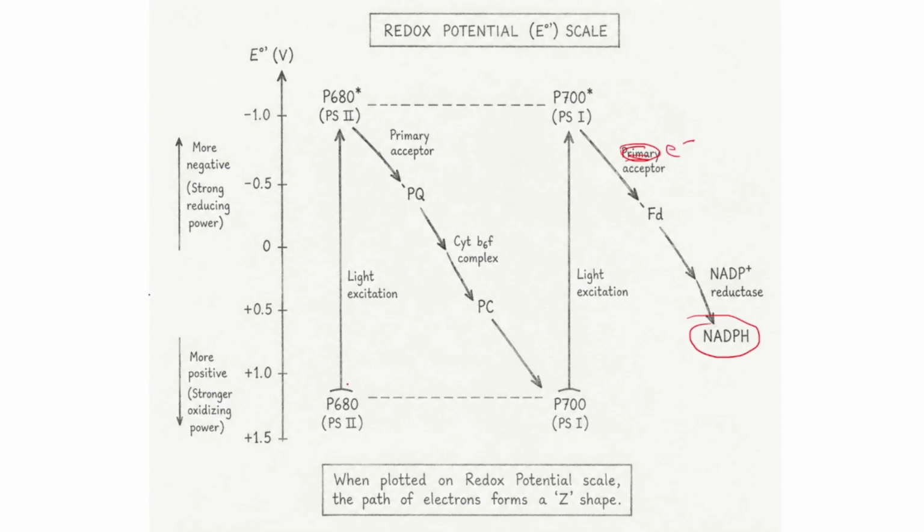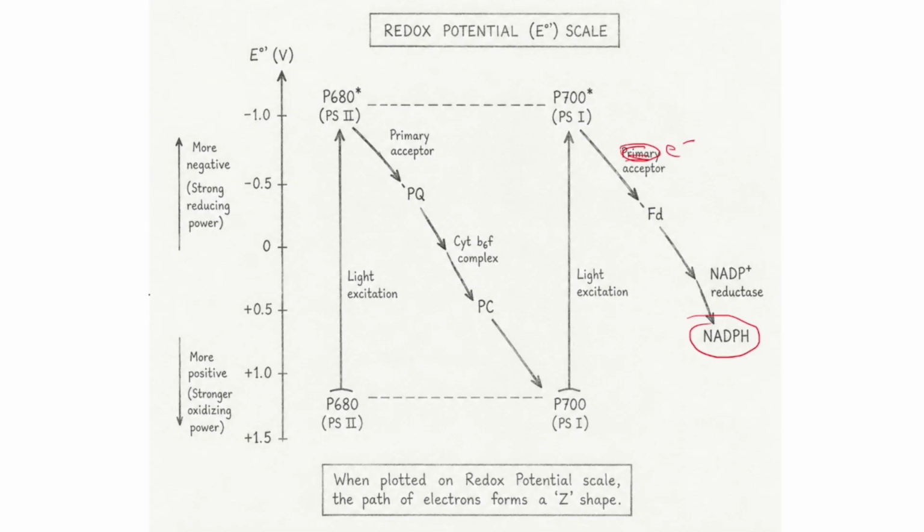Student, see here that while going from PS2 to PS1 and then again to acceptor, how the electron flow takes place, what shape it takes? It takes the shape of Z. That is why we call it as a Z scheme of electron transport.